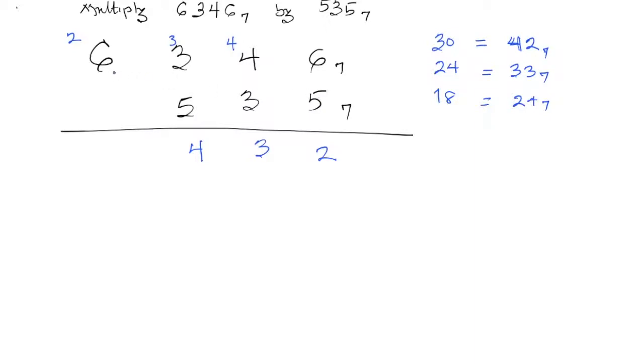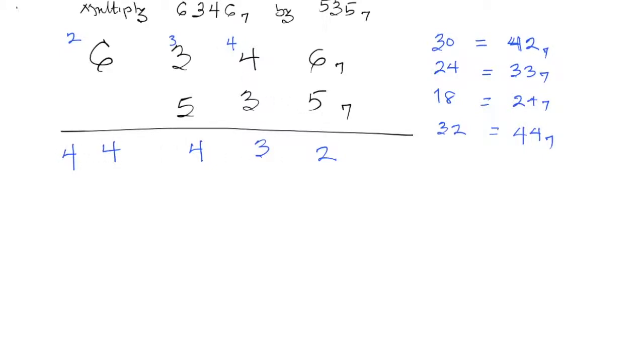5 times 6 is 30 plus 2, that's 32. In base 7, the same thing, 4 7s, that's 28, plus 4 units in base 7. So that leaves us with 44. Yep.